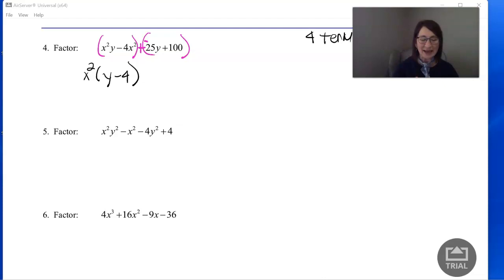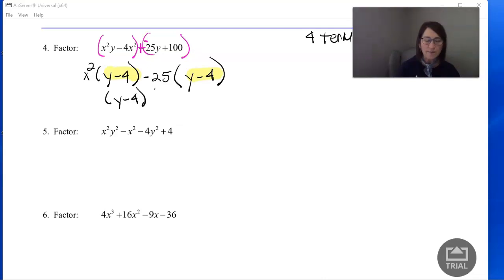So I'm going to take out of here a negative 25. And then I'm left with a positive y minus 4. Well, I have my matching binomials. So I'm going to factor those out. So I've got y minus 4, and then I have x squared minus 25.